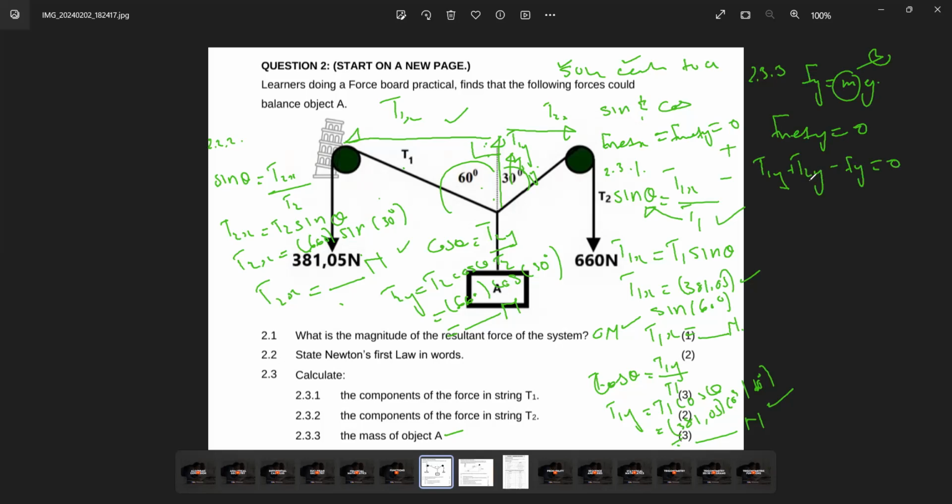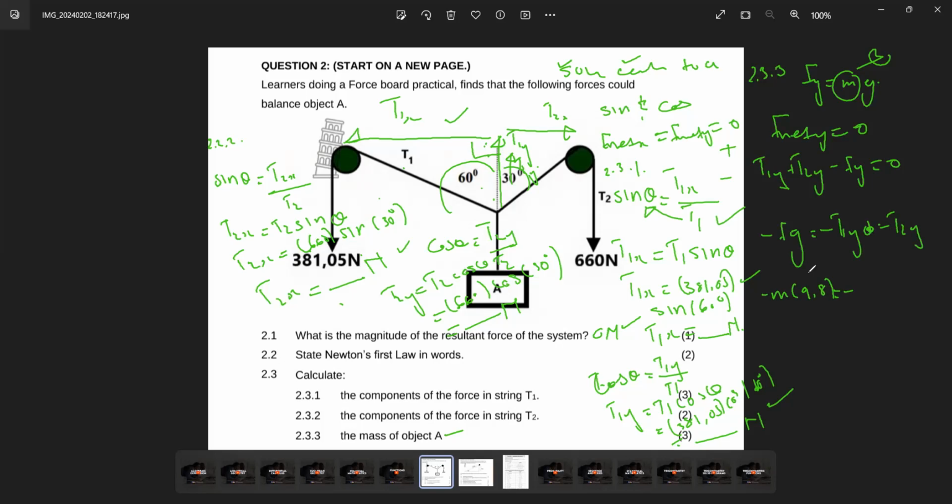For these, we have the answers, we calculated them earlier. Then negative Fg equals negative T1y minus T2y. That means negative m times 9.8, because g is 9.8, equals negative T1y minus T2y.